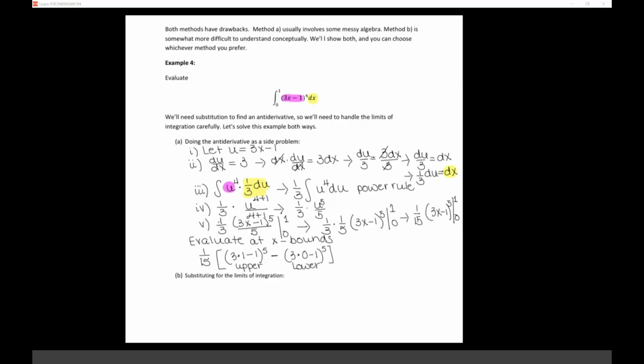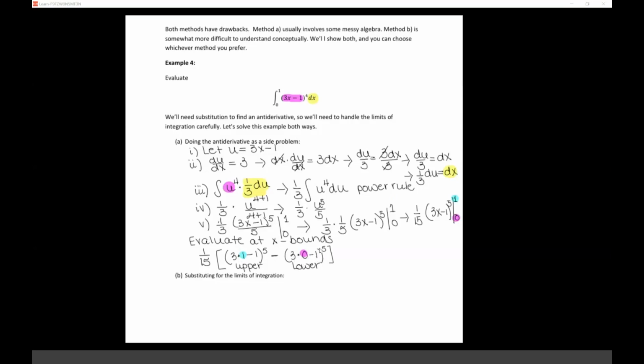Okay, so everybody see the bounds over here? I got 1 here going in, and I have 0 over here, so I'm plugging those in. Evaluate at the bounds. This is 3 minus 1, so that's 2 to the 5th, which is 32, minus 3 times 0 is 0, negative 1.